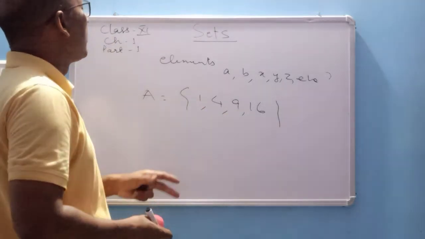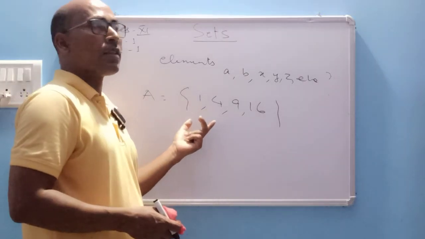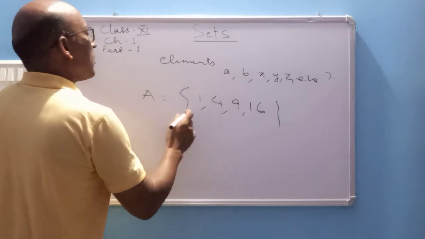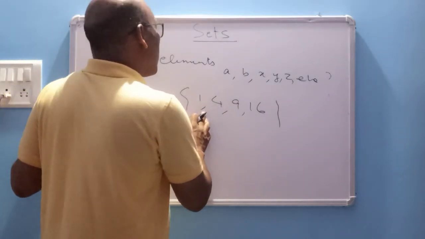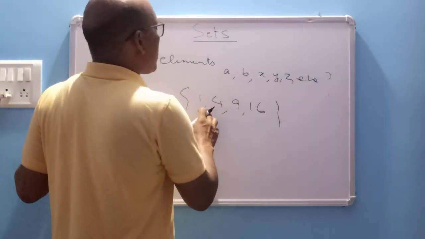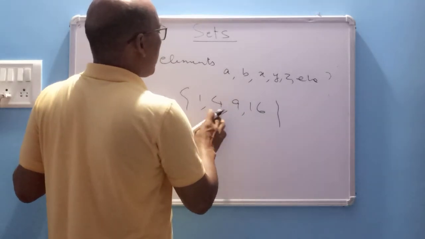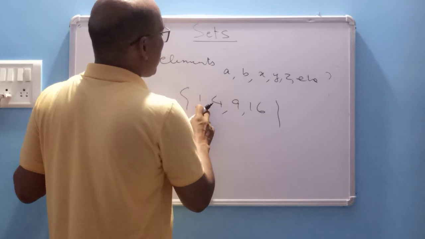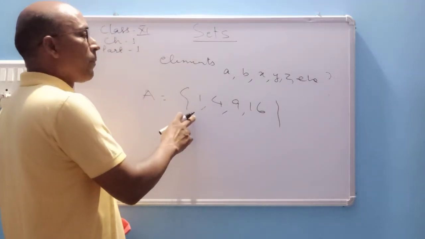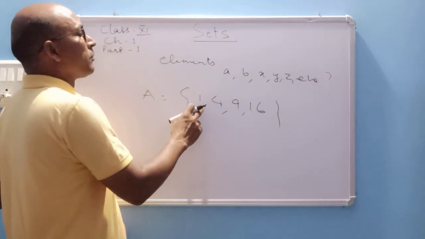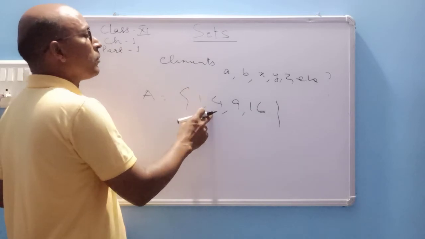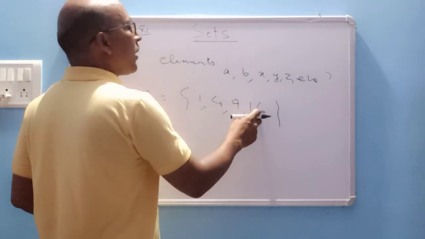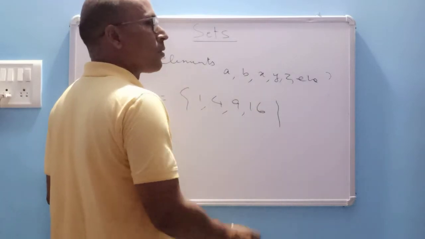Can you represent this set in set builder form? Yes. To represent this set in set builder form, you must see that these are the squares of the natural numbers. 1 square is 1, 2 square is 4, 3 square is 9, and 4 square is 16.